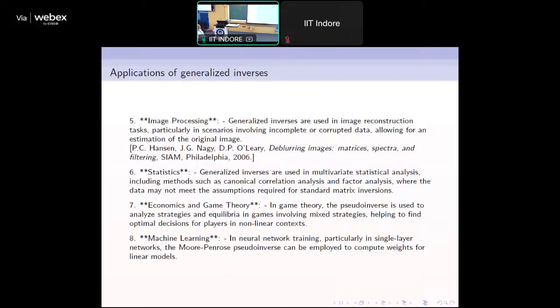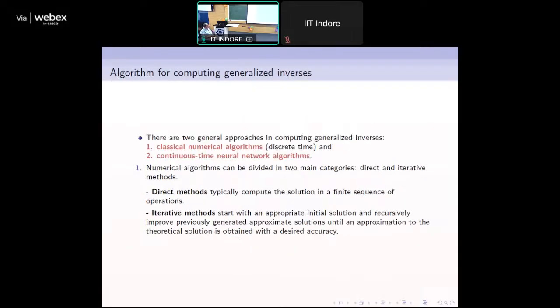Machine learning, the Moore-Penrose inverse, and nonlinear optimization are the basis of machine learning. How to compute generalized inverses? Two possibilities: classical numerical algorithms and continuous-time neural network algorithms.